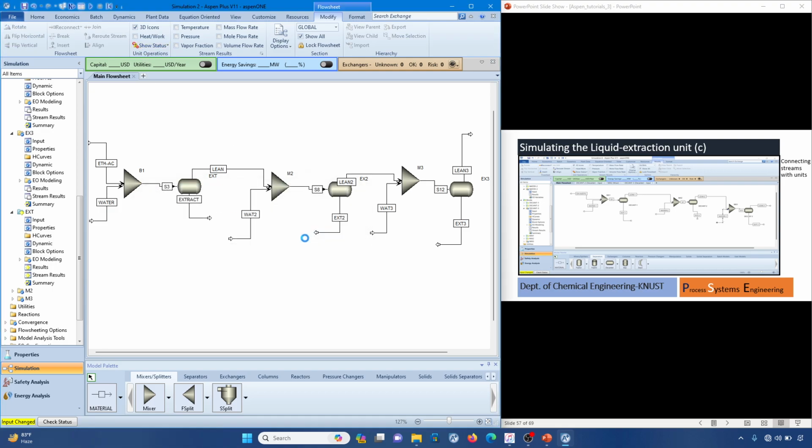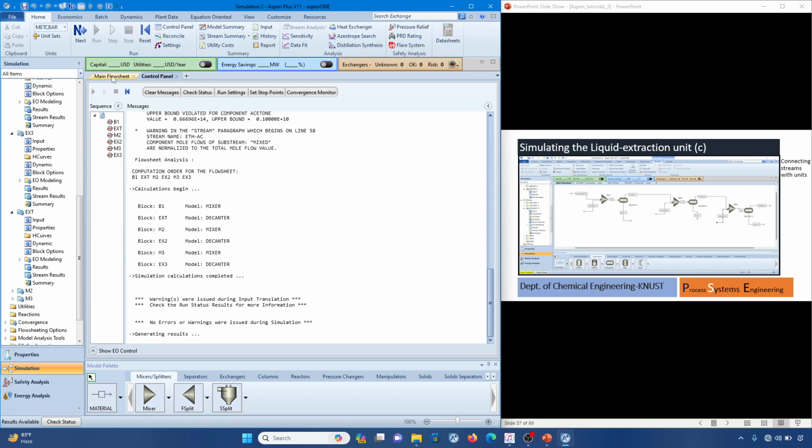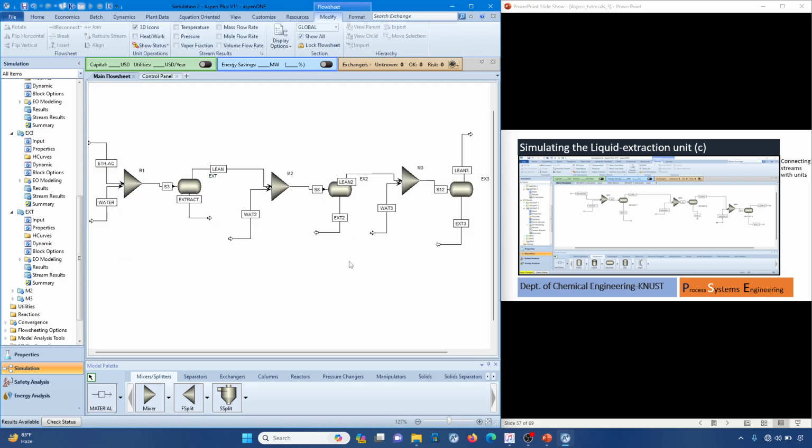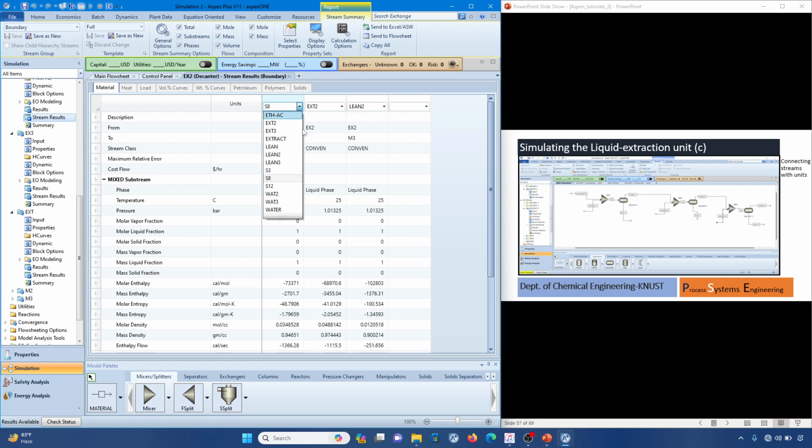So we should be able to run the simulation now to have our results. Here we are just going to compare the lean streams and the feed.